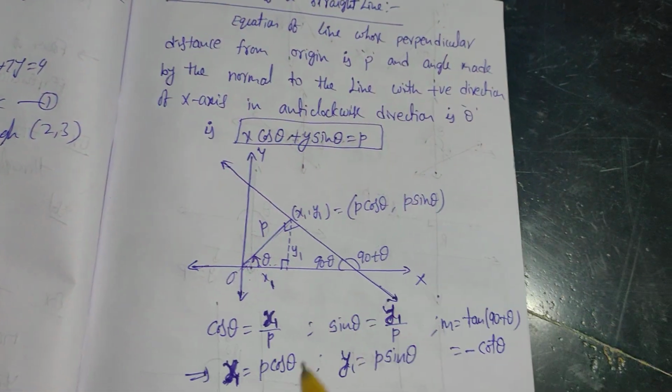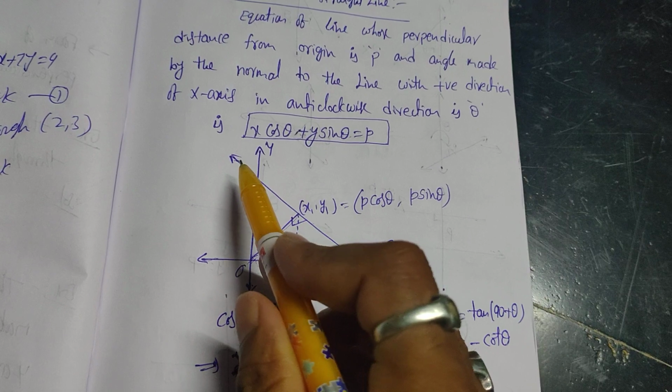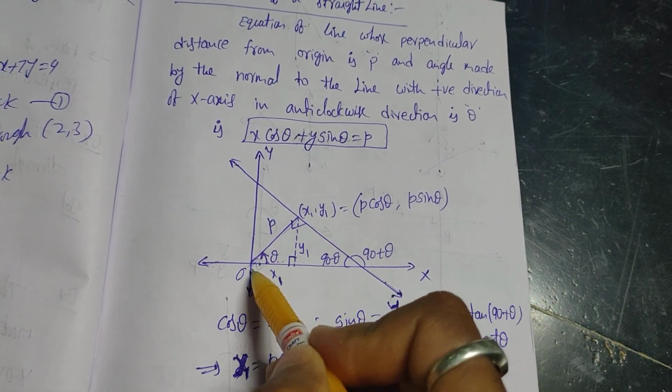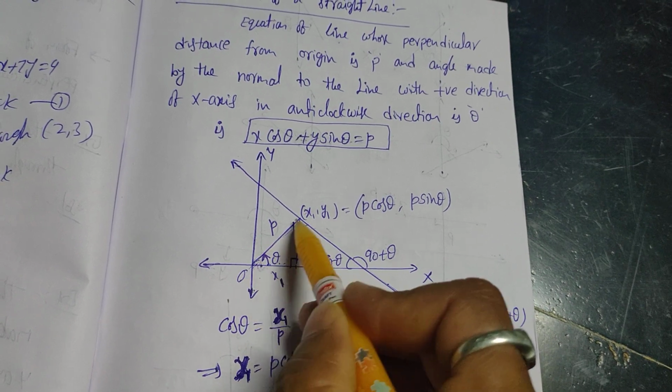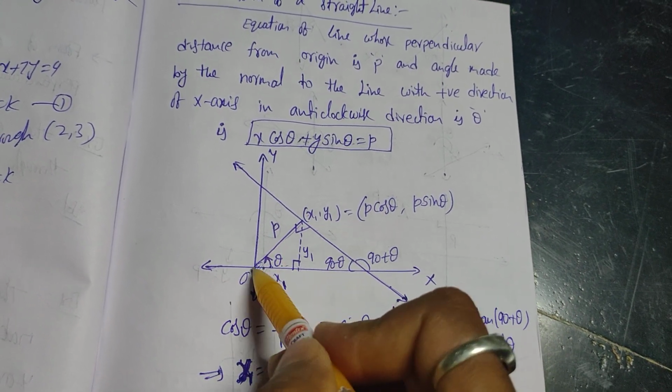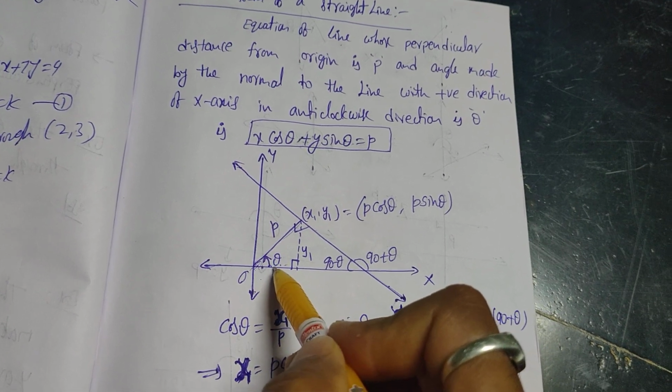Now the proof of this one. You understand that this is the straight line, which is at a distance of p units from origin, and this is the normal, or we can say perpendicular also, no problem. This normal makes an angle theta with the positive direction of x-axis.